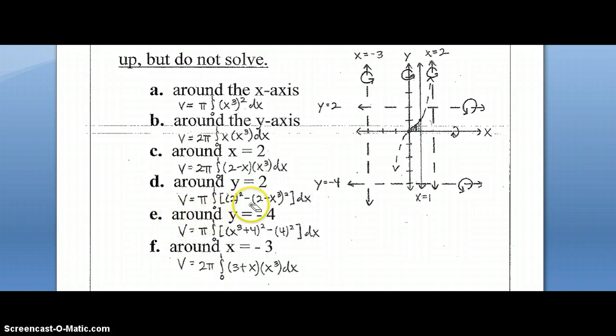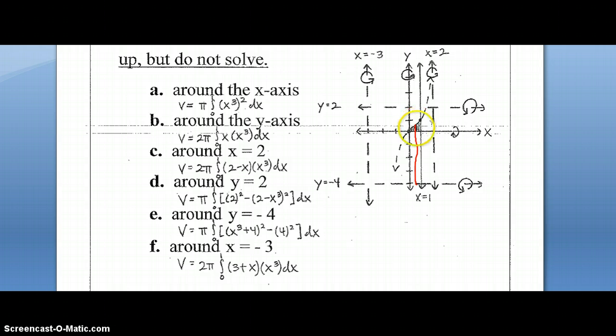Part E, we're revolving around y equals -4. So now we're taking our region and revolving it all the way down and over y equals -4. This time our outer radius, the farther portion of our region, goes from x cubed past the x-axis all the way down to y equals -4.